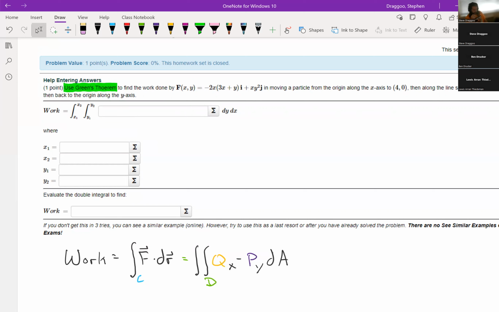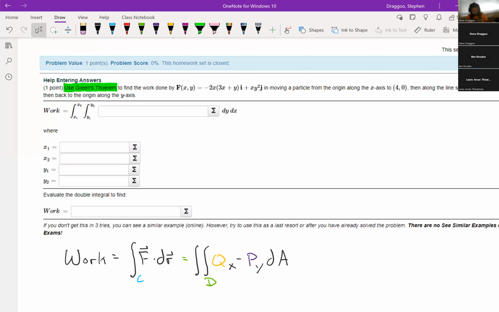But work is the integral of F dot dr. So the best hint I can give you for getting through a Green's theorem or a Stokes' theorem or a divergence theorem problem is that when you encounter one of these things, it'll say use blank theorem to solve this integral. And the integral provided to you is not the integral you should do. So this one is saying use Green's theorem to evaluate this line integral.